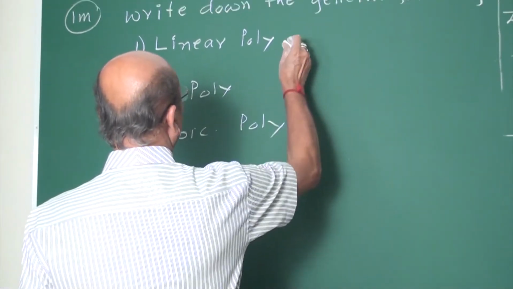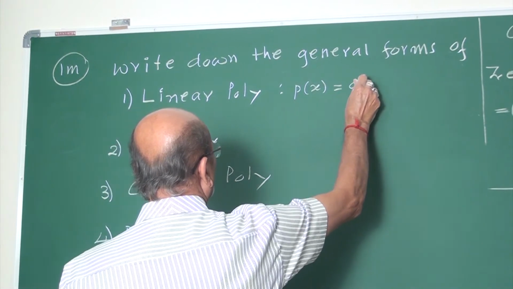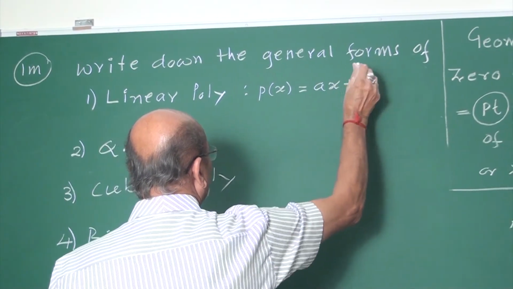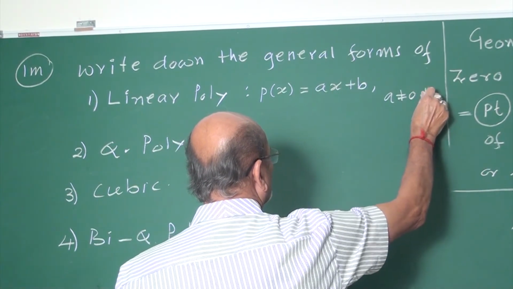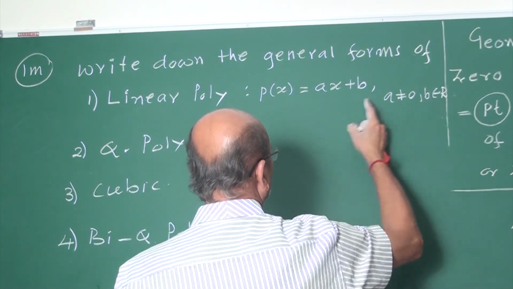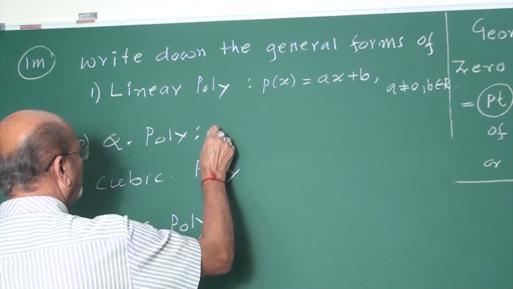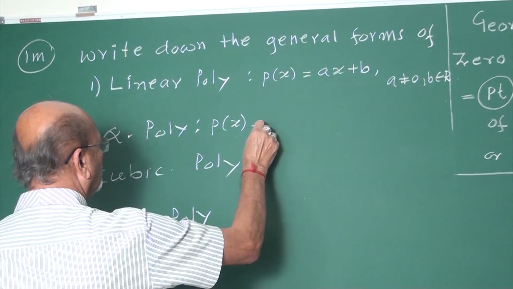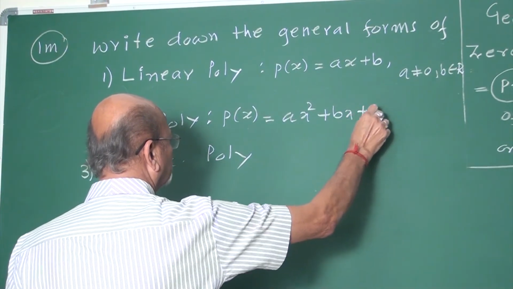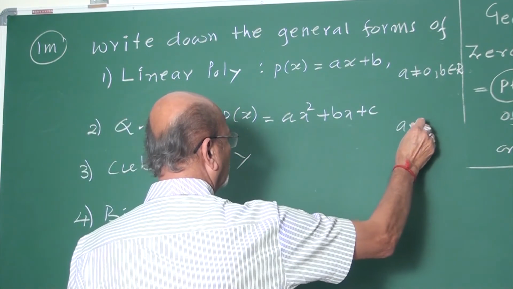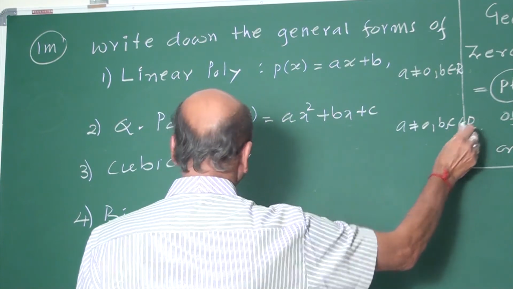Tell me, what is a linear polynomial? Px equal to ax plus b. Sometimes they take it very seriously that you must mention it belongs to R, and you must mention a not equal to 0. About quadratic, px equal to ax square plus bx plus c, a not equal to 0, where a, b, c are real numbers.